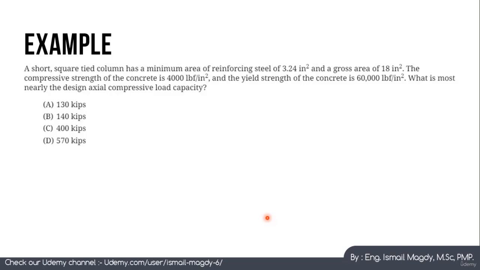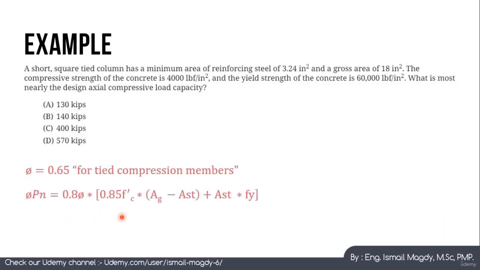So we want to calculate the design axial compressive load capacity, so we need to calculate phi Pn. We know that phi equals 0.65 for compression members, and we know that the equation for phi Pn equals 0.85 multiplied by 0.85 f'c multiplied by area gross minus area steel, all plus area steel multiplied by f yield.